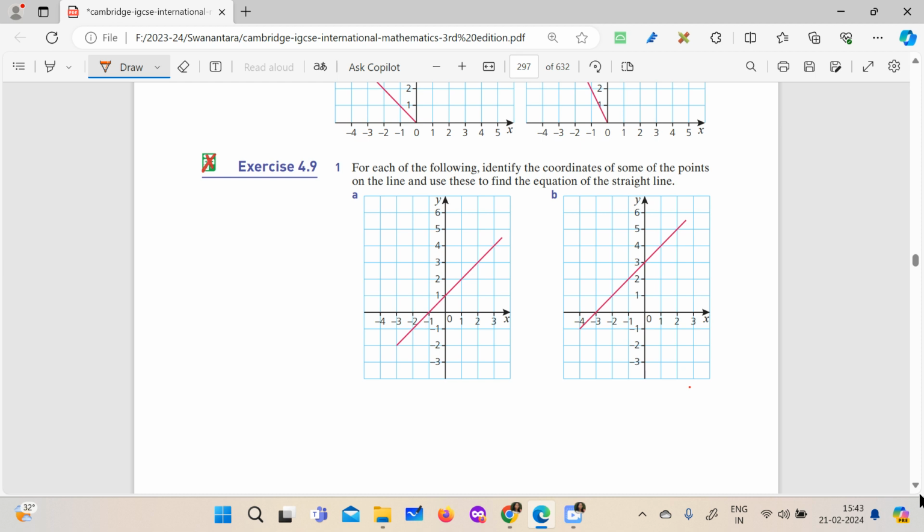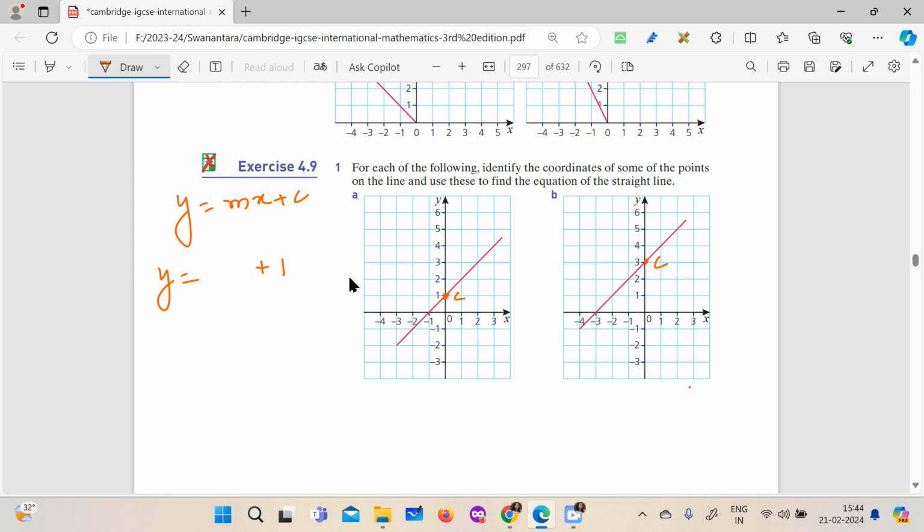Okay, so I will tell you one thing here. Our equation of straight line is y is equal to mx plus c. And in this graph, easily you can identify c, where your graph is intersecting the y-axis, that is your c. Am I right? Yes, miss. Okay, so let's try. Your c is 1 here, right? So I will write y is equal to, and here I write the value of c as 1.